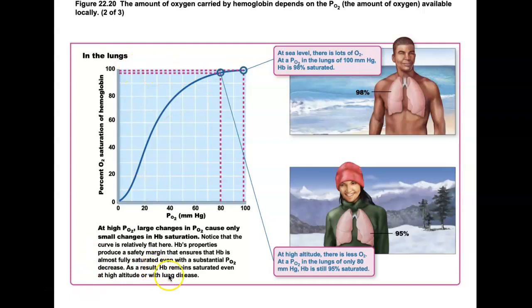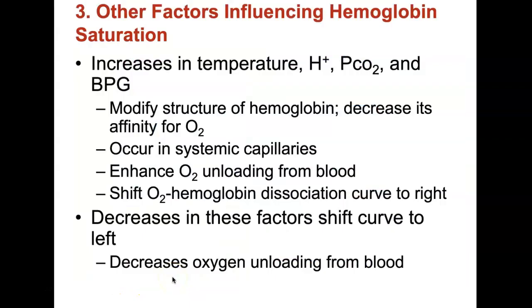So what this tells us is that hemoglobin's properties produce a safety margin that ensures that hemoglobin is almost fully saturated, even with a substantial decrease in the partial pressure of oxygen. So as a result, hemoglobin remains saturated even at high altitude or when you have things such as lung disease.